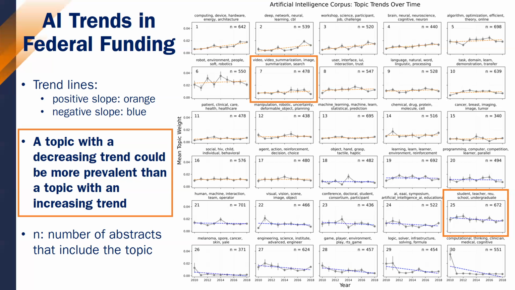Also, we note that n equals 672 for topic 25, which is more than the value of n for topic 7. So even though topic 25 has a decreasing trend, its mean topic weight is higher and its n value is higher than topic 7, which had an increasing trend. So in this case, we would say that topic 25 is more prevalent than topic 7.